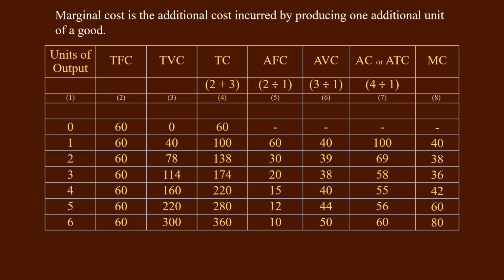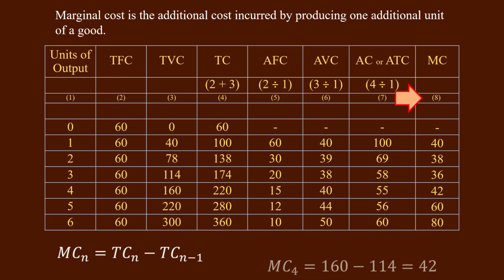Marginal cost. Marginal cost is the additional cost incurred by producing one additional unit of a good. Marginal cost is given in column 8. It is calculated using the formula: marginal cost of the nth unit is equal to total cost of the nth unit minus total cost of the n minus 1th unit.